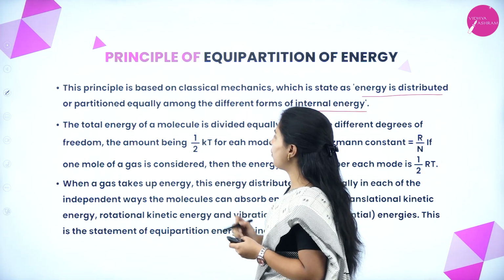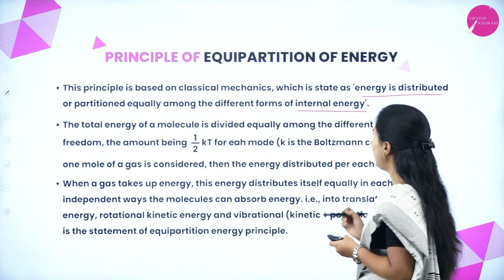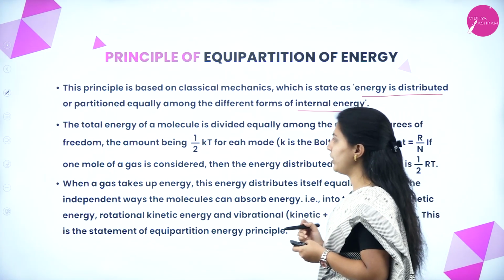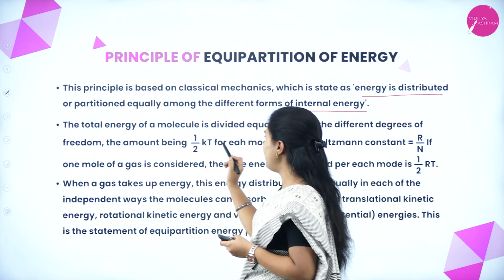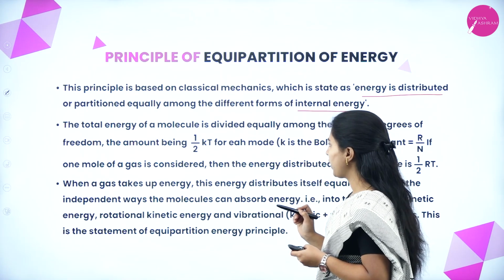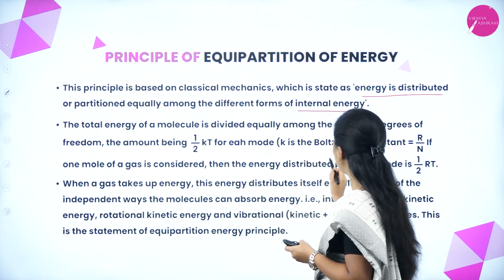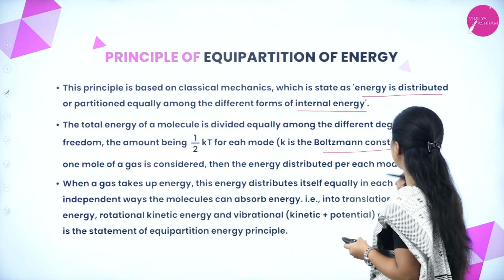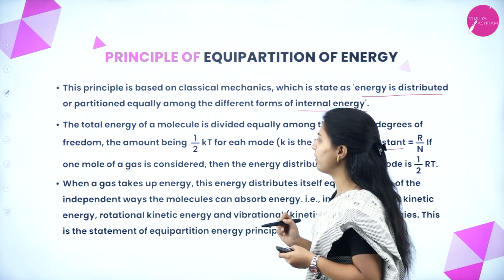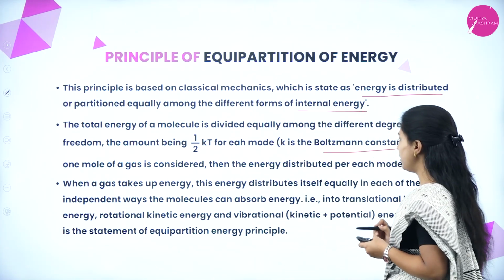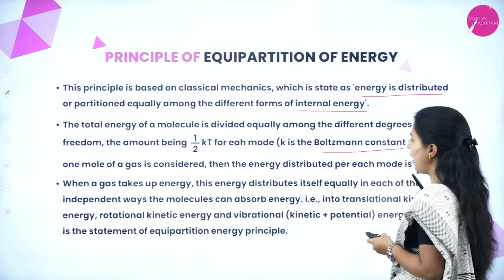The total energy of a molecule is divided equally among the different degrees of freedom, the amount being half kT for each mode. Here k means Boltzmann constant, equal to R by N. If 1 mole of gas is considered, then the energy distributed per each mode is half RT.